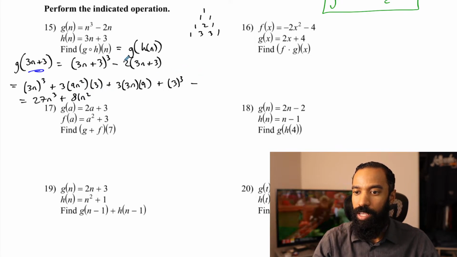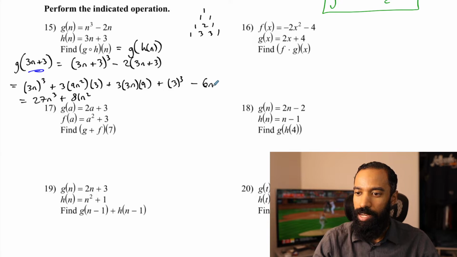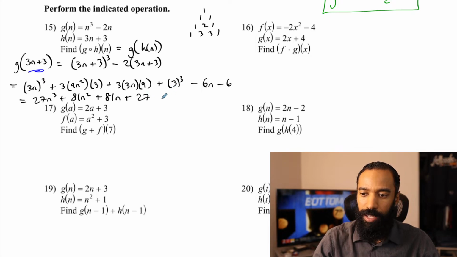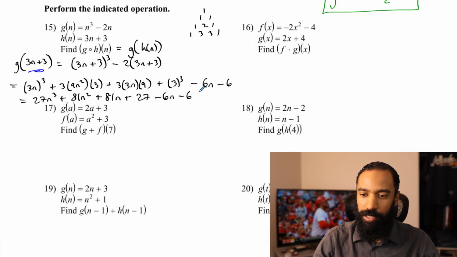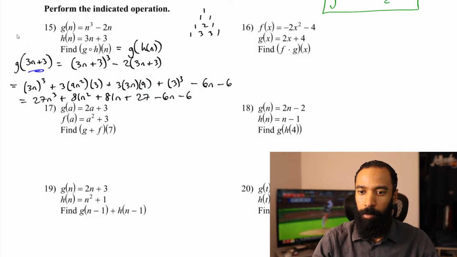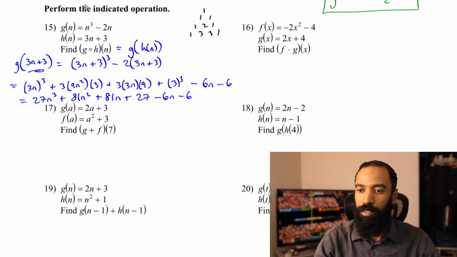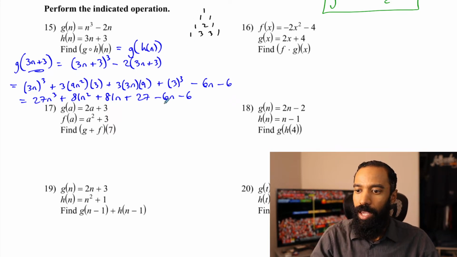This is minus 6n minus 6. The negative 2 distributes into there. 3 times 3 is 9. 9 times 9 is 81 here as well. 81n, and then plus 3 cubed is 27. And then you have minus 6n minus 6. I'm getting a little blind here. I'm going to turn everything blue right there, because there's black right below it.